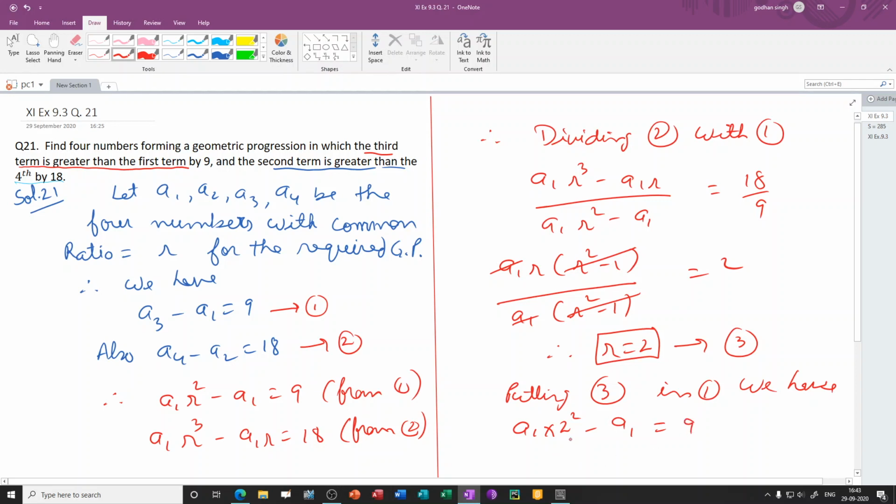So what is 2 square? 4. So 4A1 minus A1, that is 3A1, equal to 9. This implies 3A1 equal to 9. Therefore, what is A1? A1 equal to 3.